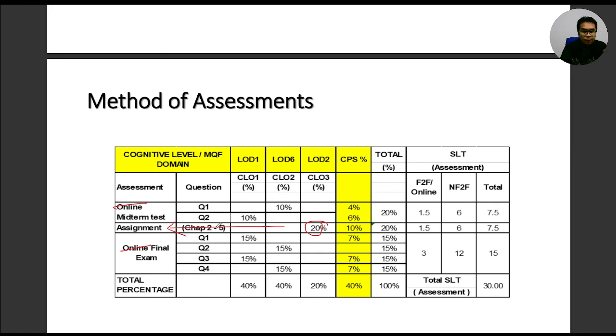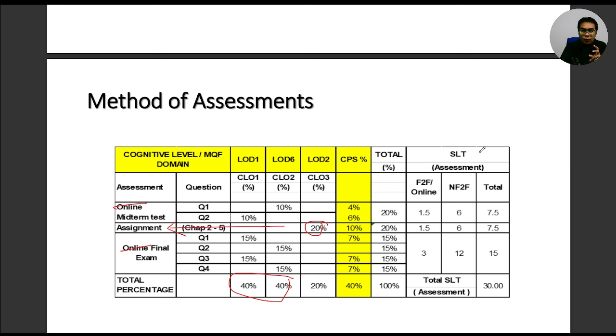Then we have 40-40-20, whereby the majority of the assessment in this multimedia subject focuses on CLO1 and CLO2, because we have 80% majority there, but 20% for the assignment. SLT stands for student learning time.